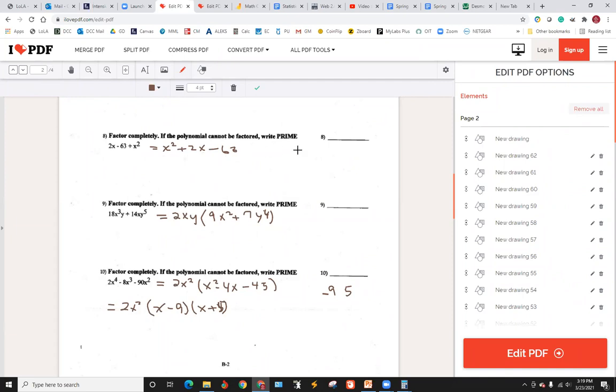So let's say 9, what is that? 9 times 7, right? And look at that. We hit it right on. Those two have a difference of 2. The larger one is positive, and then this one's going to be negative. So that one needs to be rewritten so that it's in descending order.